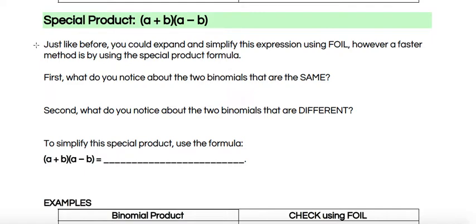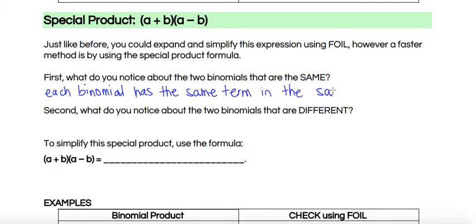Well, each binomial has the same term in the same order. So they both have an a, and the a is first, and they both have a b, and the b is second. So they have the same terms in the same order.